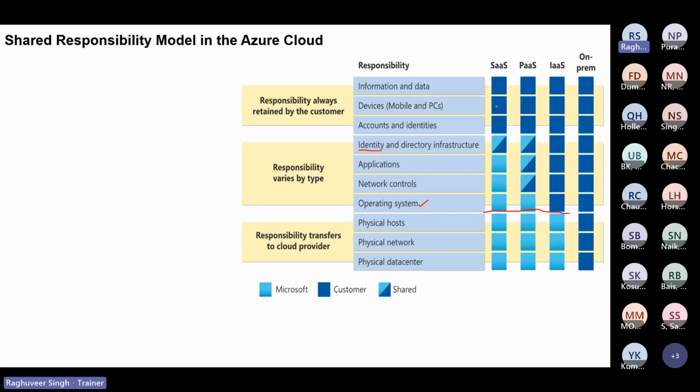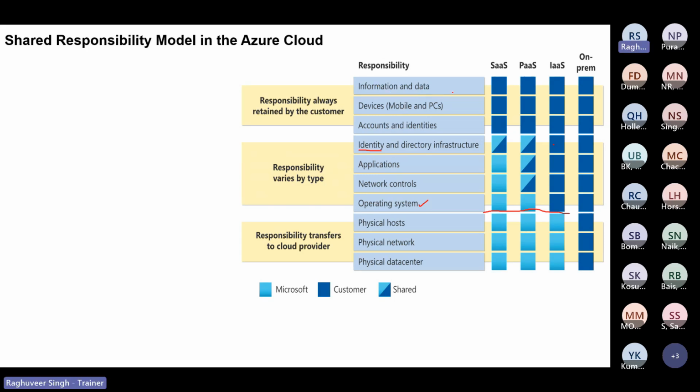And since it is your discretion, as a customer, you are responsible to safeguard the devices and PCs, which basically means that you will be enforcing controls on those mobile devices as well as endpoints. So you may want to deploy endpoint detection and response solutions like Windows Defender or CrowdStrike or McAfee Symantec, anything that you would like to go for. So that's what your responsibility is.